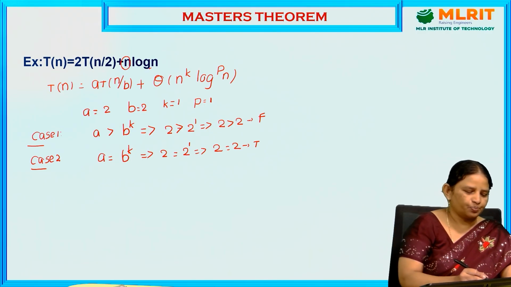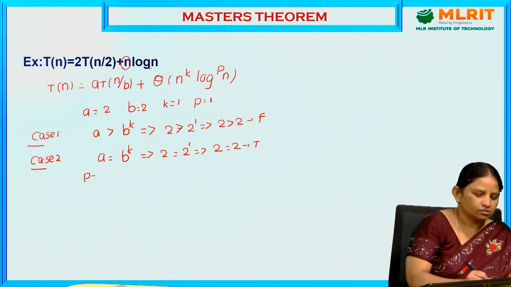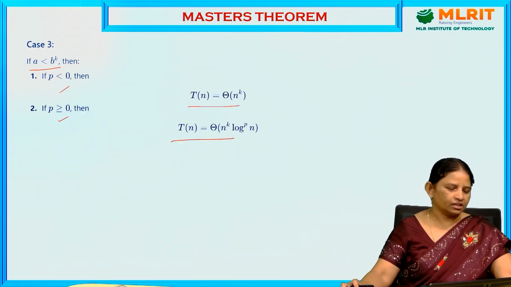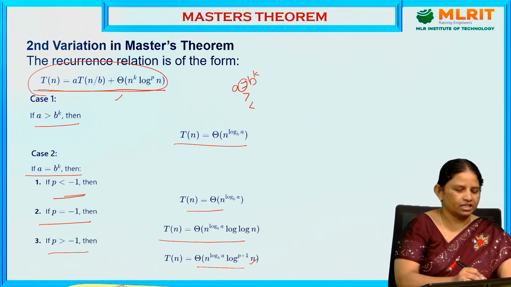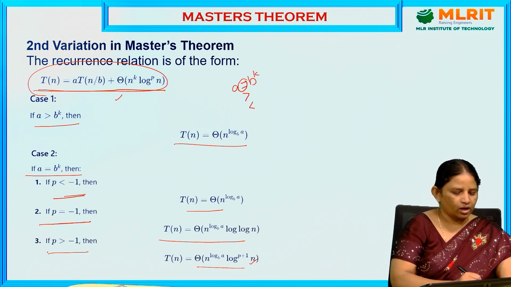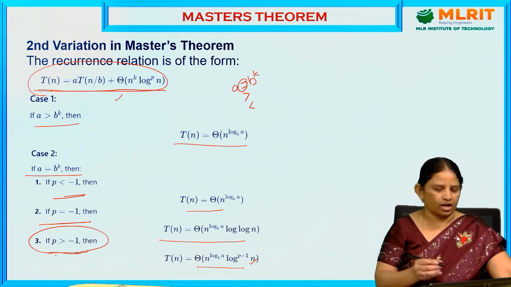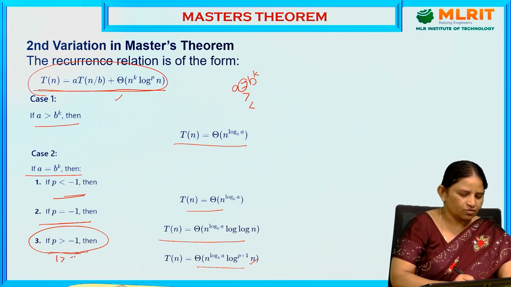So what is p? P equal to 1. We need to check p less than minus 1 or equal to minus 1 or p greater than minus 1. The third condition is satisfied because 1 greater than minus 1 is true.